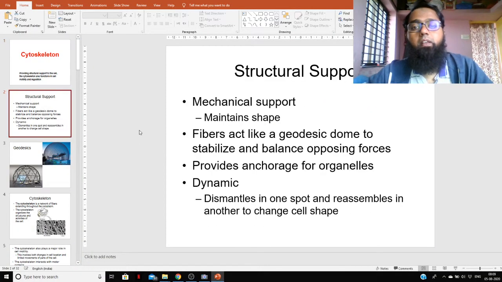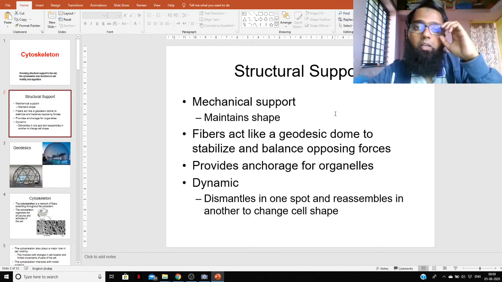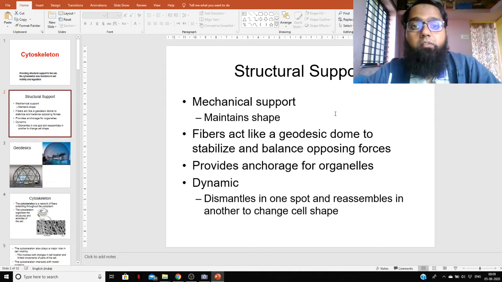Okay, in the next slide you can see the structural support. How is structural support given by the cytoskeleton to the animal cell? First of all, structural support is given by mechanical support. Why is mechanical support important?